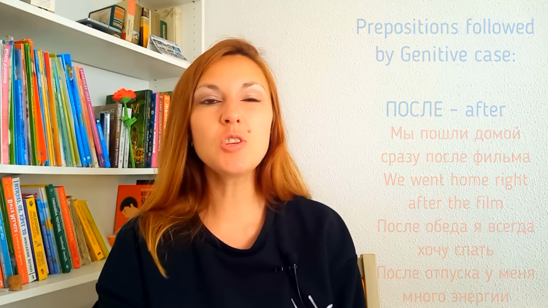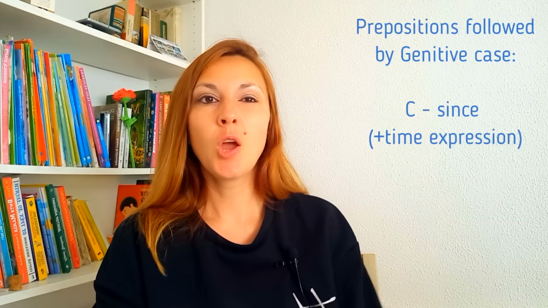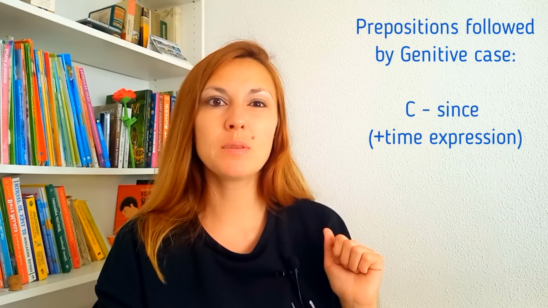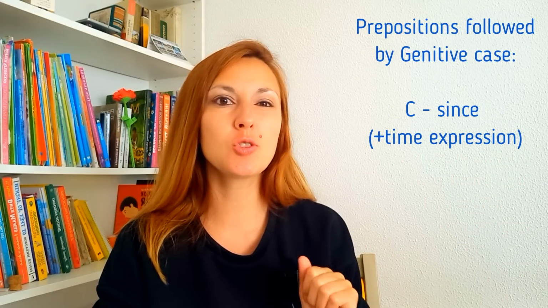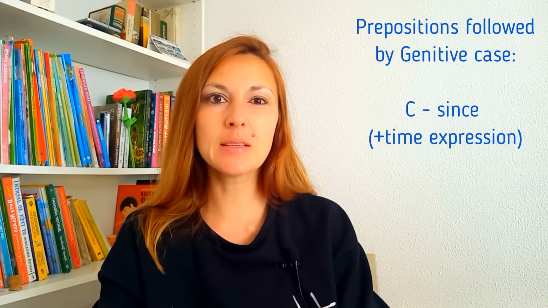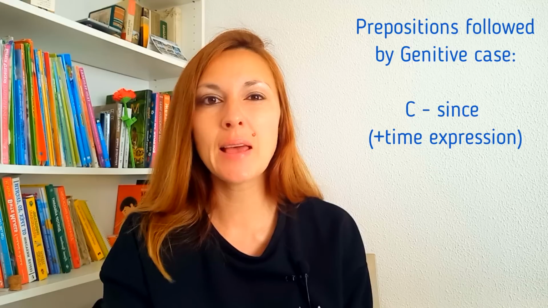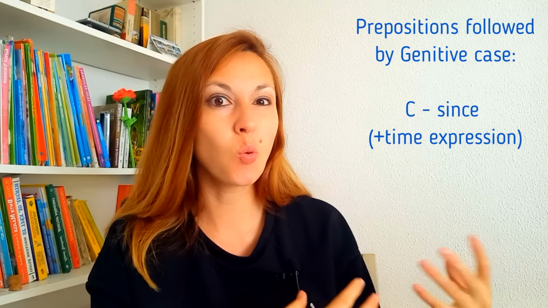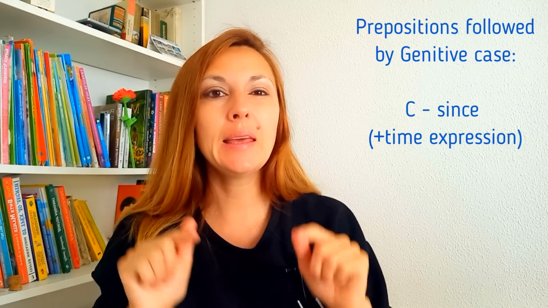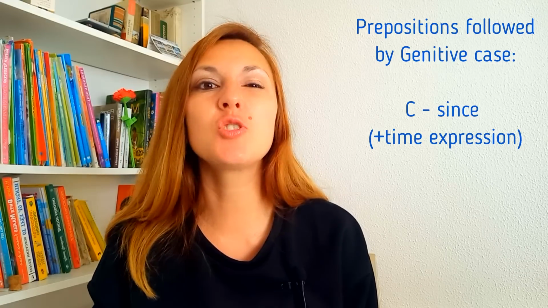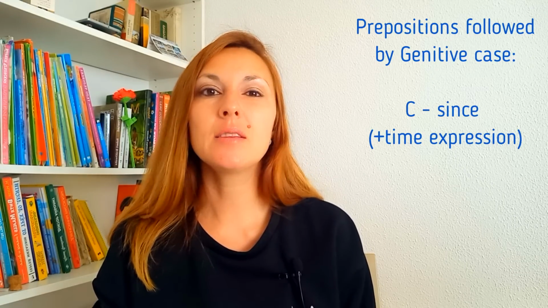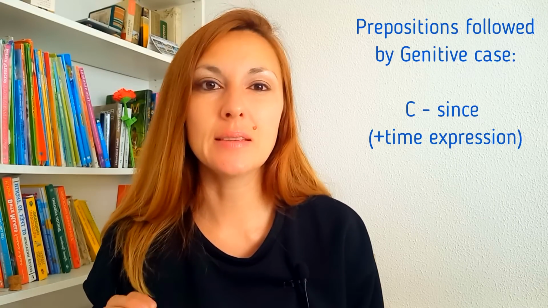The next preposition is с. You might have heard this preposition when you were learning instrumental case, because с works also in instrumental case and it is translated as with. But in this case, with genitive case, с is translated as since.